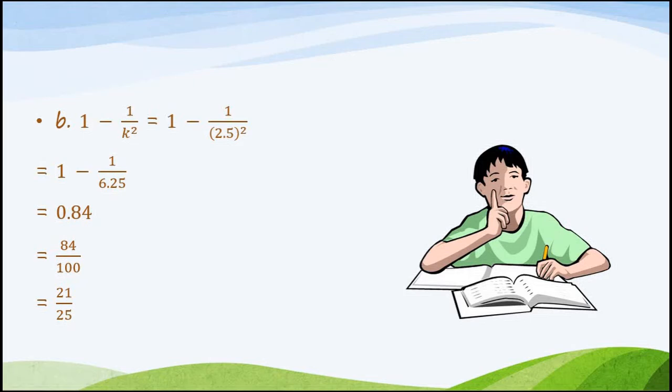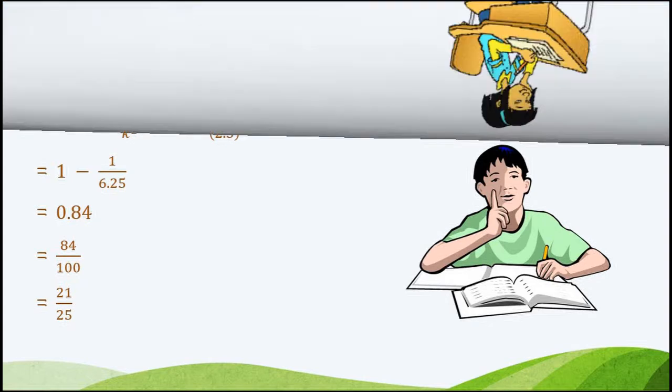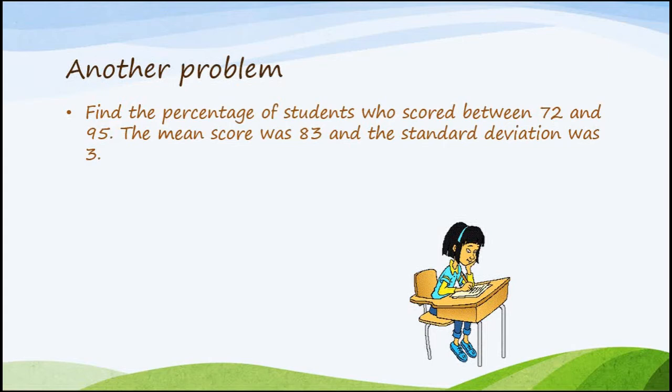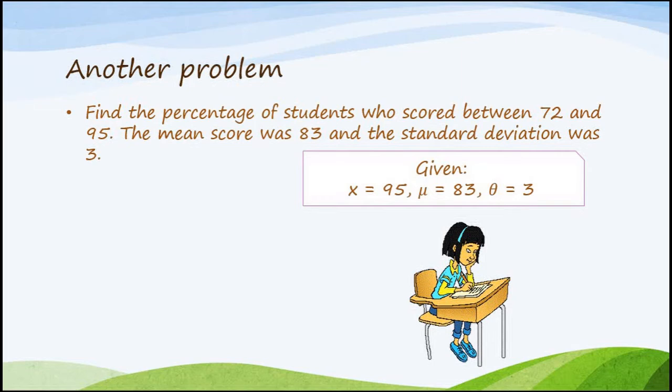Let us have another problem. Find the percentage of students who scored between 72 and 95. The mean score was 83 and the standard deviation was 3. Let us have the given. x is 95, mu is 83, and theta is equal to 3.